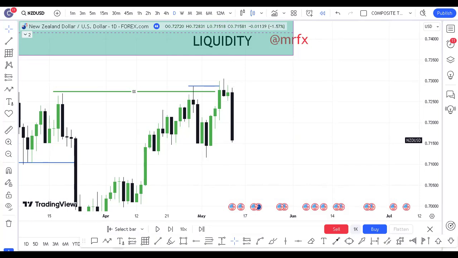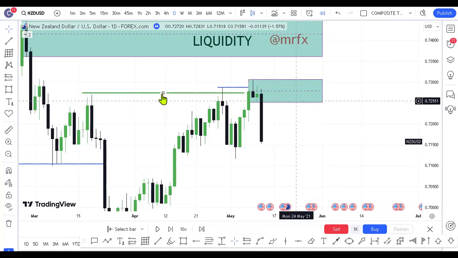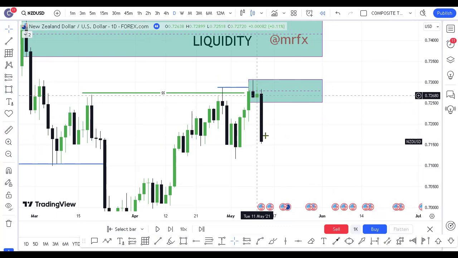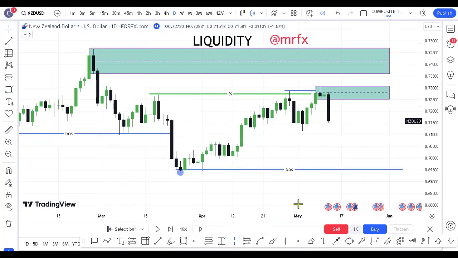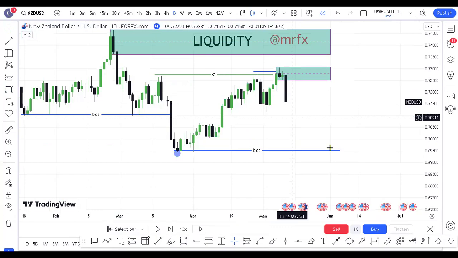So if you identify this level as your supply zone, it can have a higher quality because on the left, liquidity has been taken out, and you can see the institutional candle with the high momentum leaving the zone very fast, right? And you can see some accumulation here. So if you position yourself somewhere here, you have a higher probability than right here.